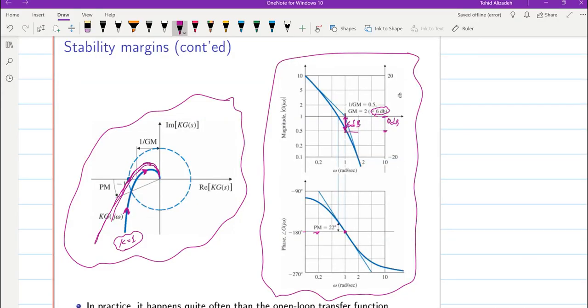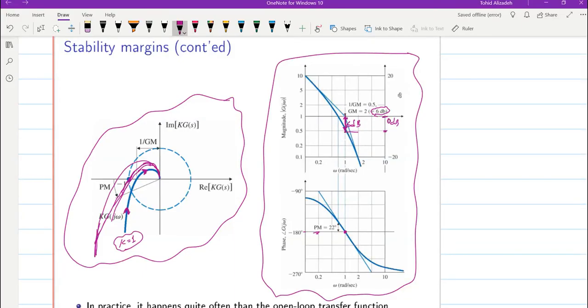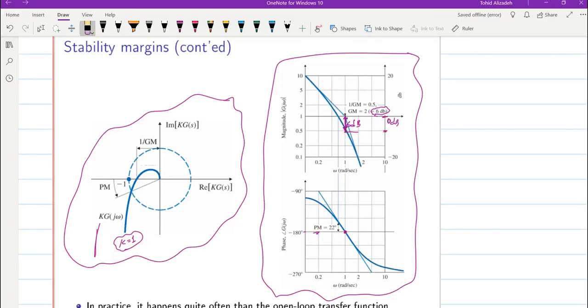If we continue to increase, it will include the point -1 inside, and as a result, the system will become unstable. But right at the point in which the graph crosses the point -1, we can find out the gain margin, because that is when the system becomes unstable.